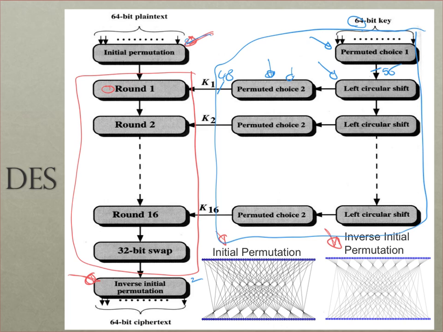Is there any relationship between the 48 and the size of the plain text? The size of the plain text? Yes, there is. We will see of course, the 48 bits will be input to the round function.